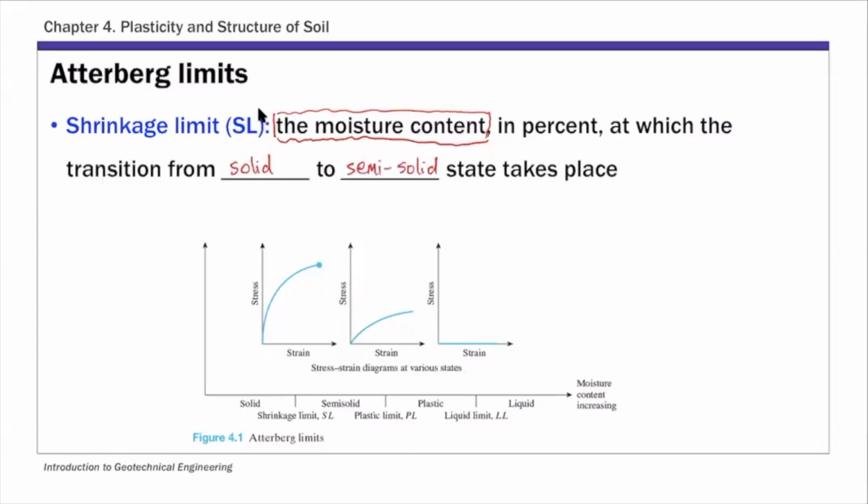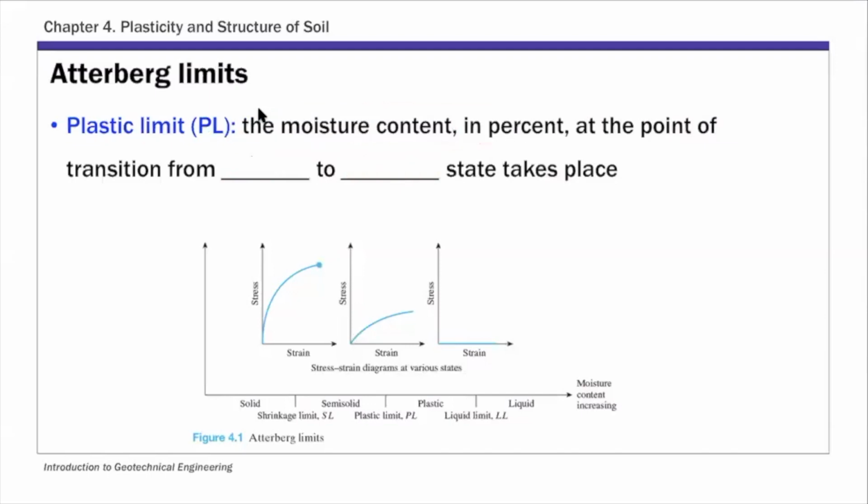So that's the shrinkage limit, SL. And then the second one, that's the plastic limit we just introduced. Again, I want to emphasize this is moisture content, the water content or moisture content in percent at which clay changes behavior. And for plastic limit, clay changes from semi-solid to a plastic state.